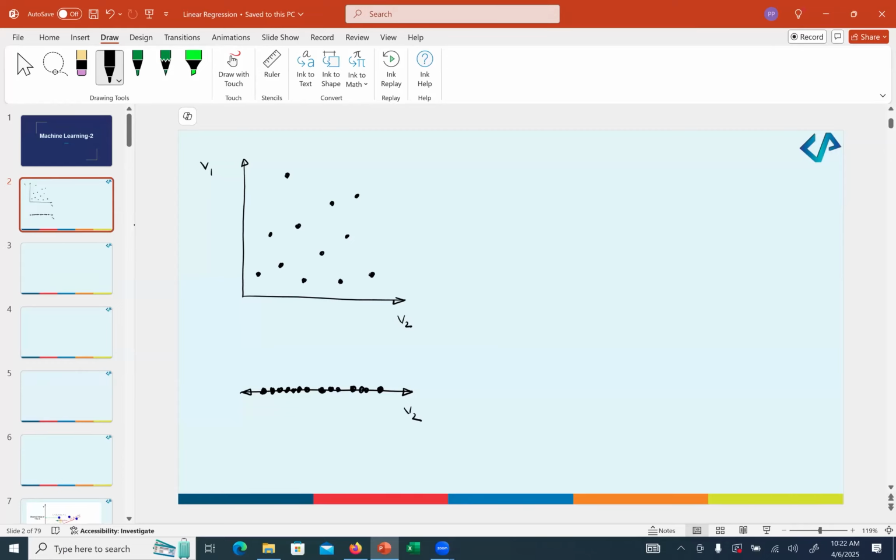Right. Now what starts happening is, to generalize anything, I need at least some number of data points at a place. You agree?